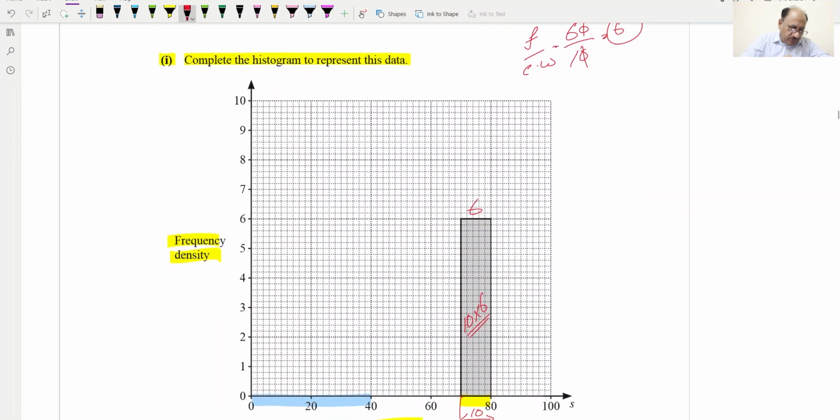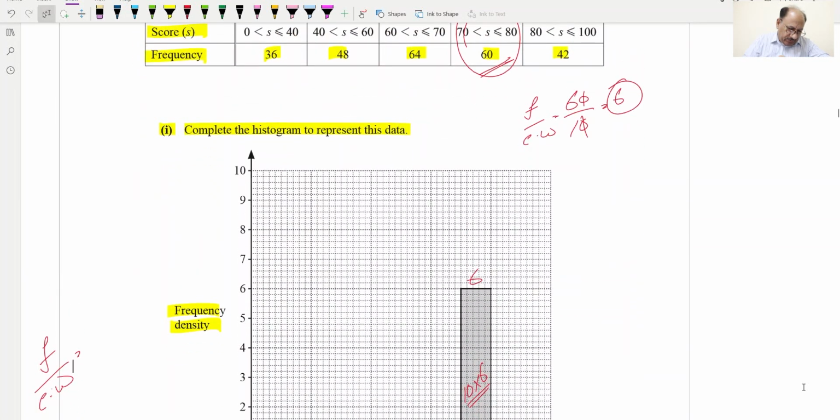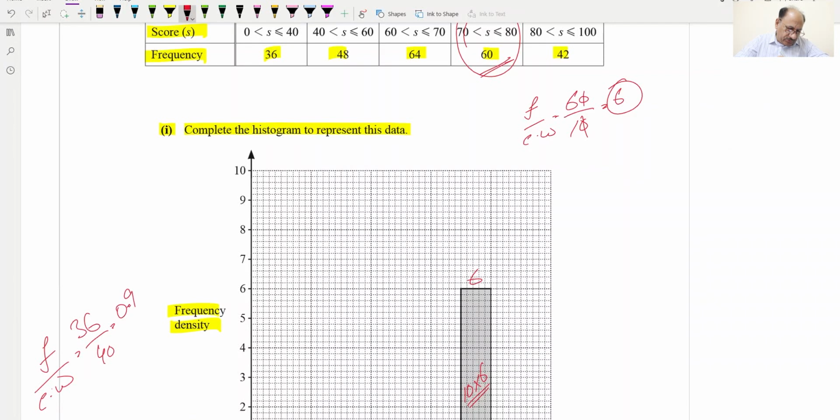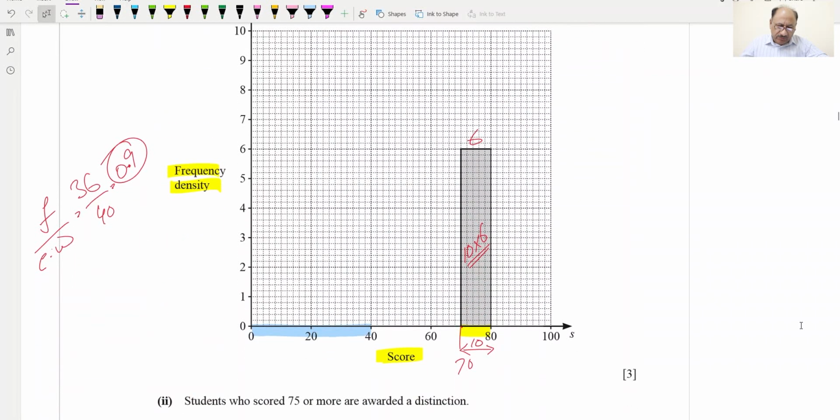So we divide frequency by class width: 36 divided by 40 is equal to 0.9. So the height for the first bar will be 0.9.